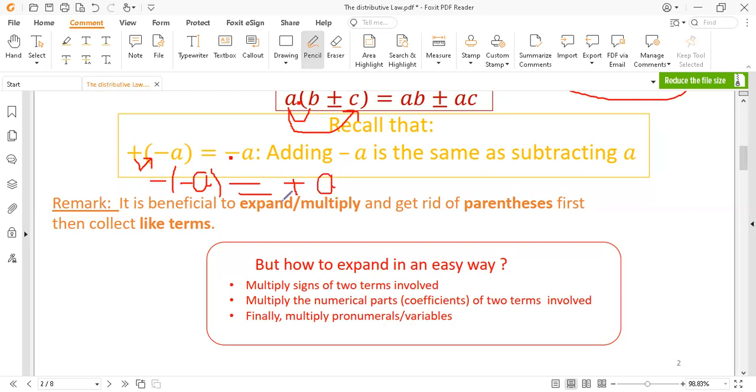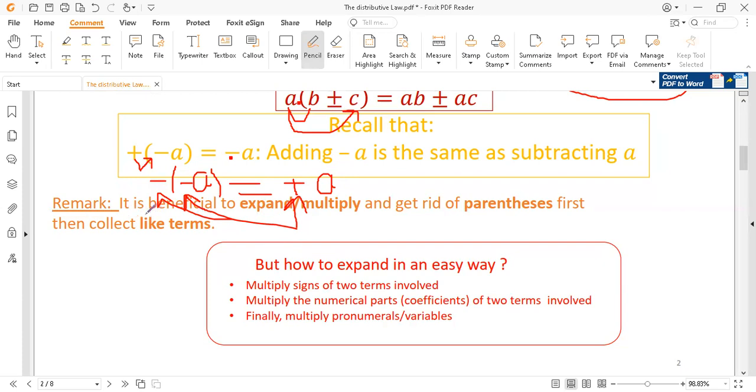Sometimes we need to change a plus with two minuses to simplify our work.